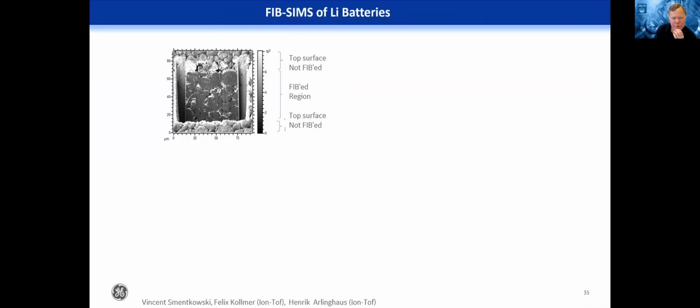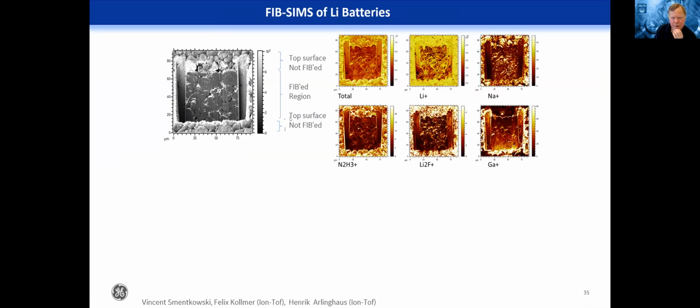What I want to end with as far as an example, we mentioned using FIB to prepare for Auger. We had an example where we sent a section of a lithium-ion battery for in situ SIMS FIB. Here we have the FIB slice. And without exposing the FIB slice to ambient, we were able to map the distribution of the species that are present.